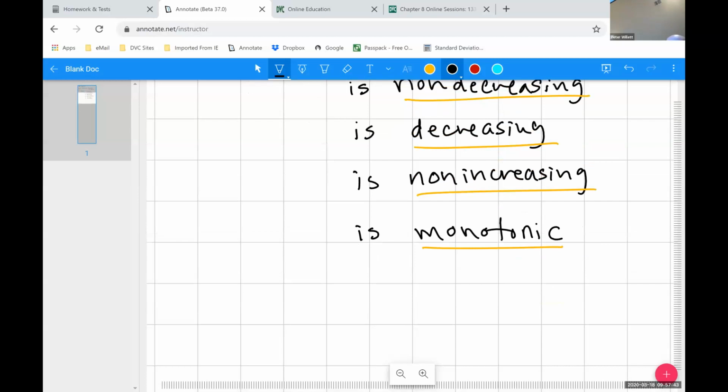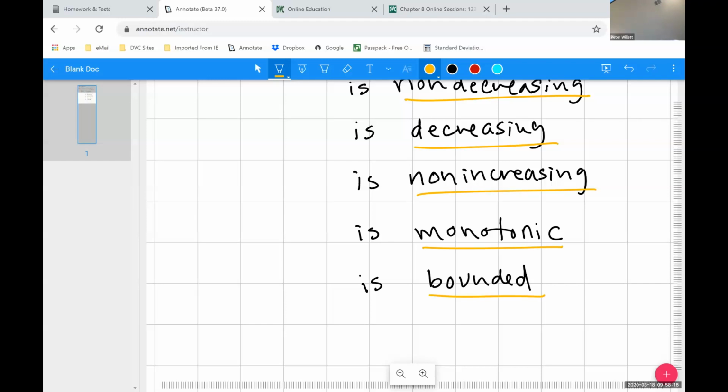And then lastly, one more. A sequence is bounded if the absolute value of the entire sequence is limited by some number. So that the size, not worried about whether it's positive or negative, but the size of the terms of the sequence are restricted by some large enough number.